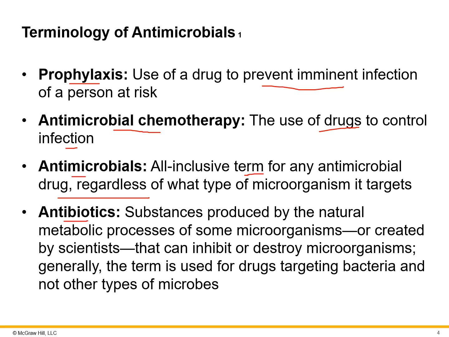It's a substance produced by natural metabolic processes by some organism. So for example, the first antibiotic was penicillin, accidentally discovered because it was a chemical made from a fungus. So an antibiotic is something made from some other microorganism that's used to treat other microorganisms.